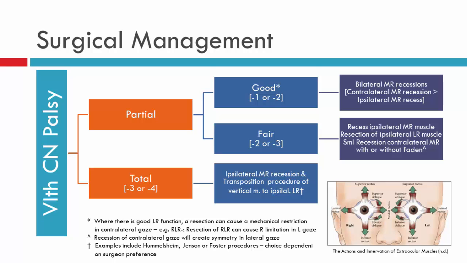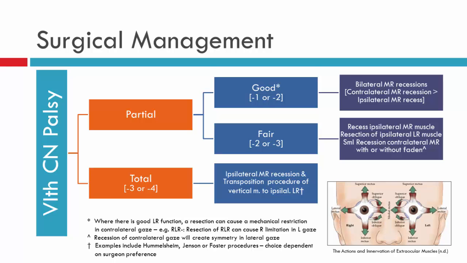So there's obviously an overlap between good and fair, and depending on the surgeon and the orthoptist, they'll determine whether, by their experience, they feel there is good or fair function there. Let's start off with good function.